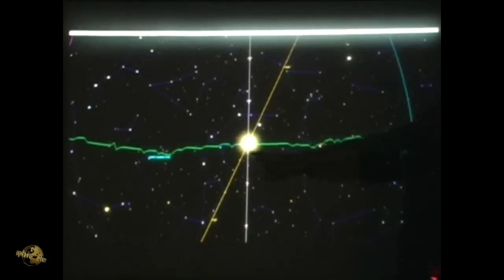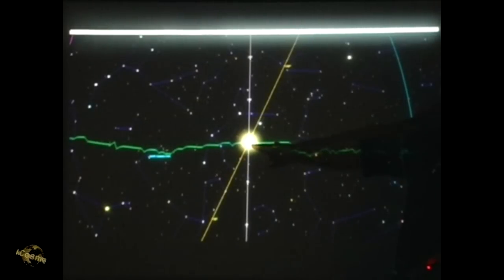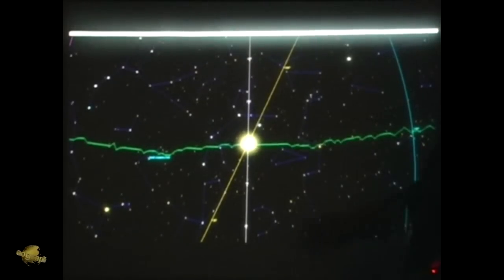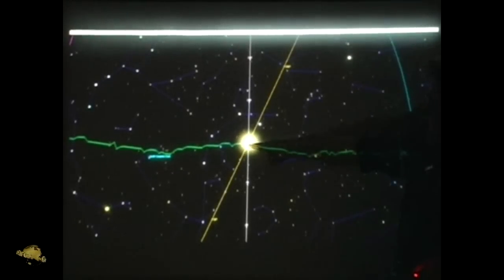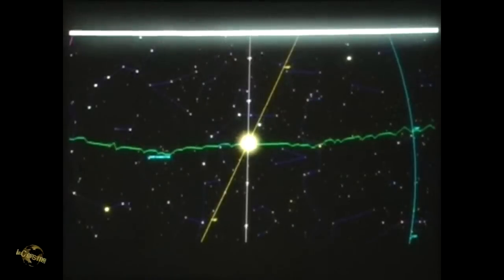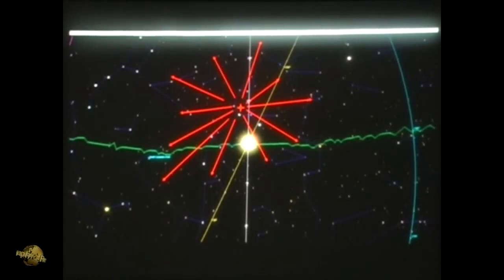Here's the constellation of Leo. This is spring equinox, 11,500 years ago. If you were standing on the equator, watching the stars rise on that morning, you would see Leo rising, and there's the sun right there. Now I'm going to put in the radiant of the Leonid meteor shower. It's very possible that in the time since that day the position of the radiant has shifted.